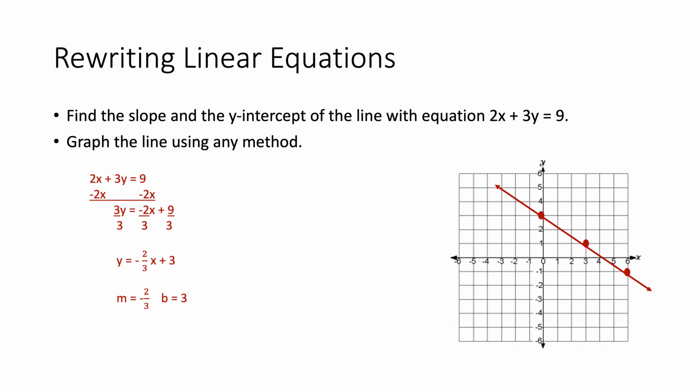Now, this is a situation where I would not want to use graphing with intercepts, because if I make y equals 0, I'm looking now at my top equation here, 2x plus 3y equals 9. If I make y equals 0, then 3 times 0 is 0, that goes out, and 2x equals 9, then you divide by 2 and you get x equals 4.5.